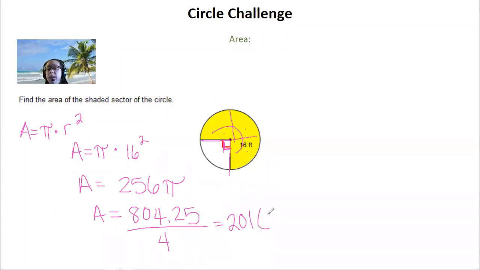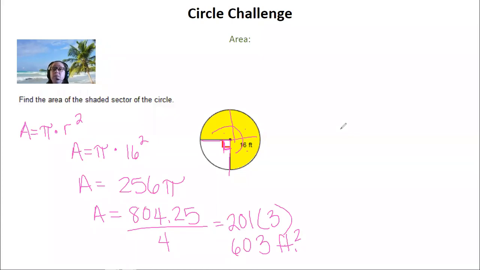By 3, yeah. 201 times 3. Oh, 603. 603-ish. Now let's see if that works.